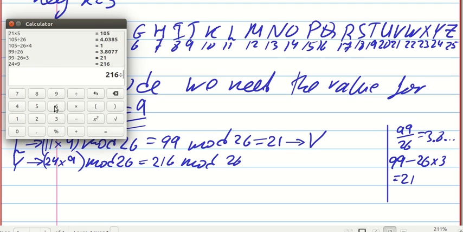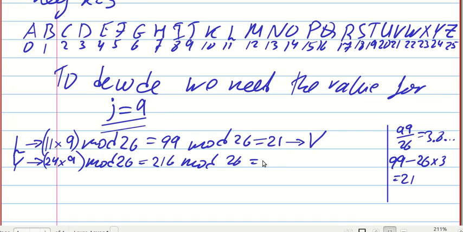So we take 216 divided by 26. So it's 8, right? So we do 216 minus 8 times 26. So we're going to get 8. So we look up 8, that's I.